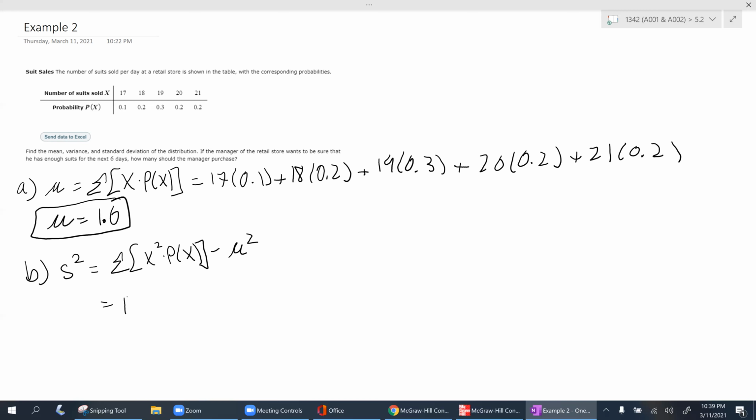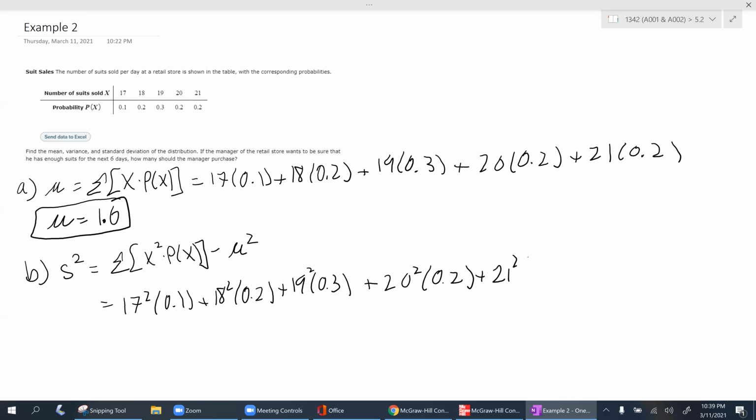So in other words, this is going to be 17 squared times 0.1 plus 18 squared times 0.2, and so on. Oh, these are squared, all these values. Minus my mu squared, so that's going to be minus 1.6 squared.